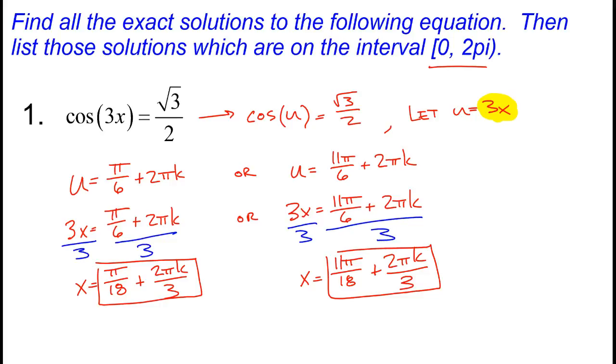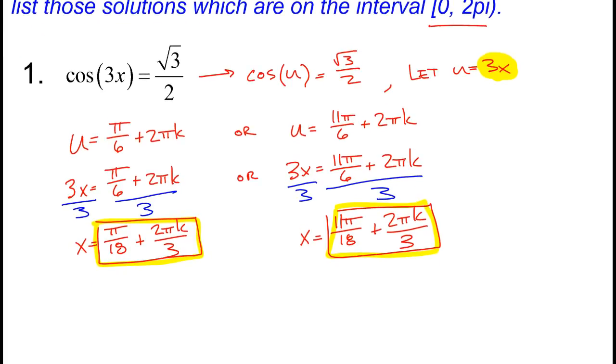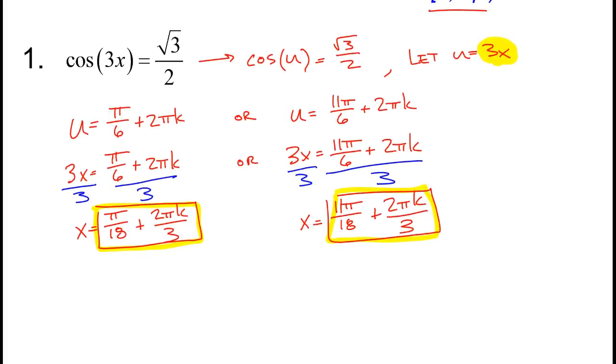Those are my exact solutions. Remember, k represents any integer, so this is going to give us any iteration around the unit circle where we have cosine of 3x equals root 3 over 2.